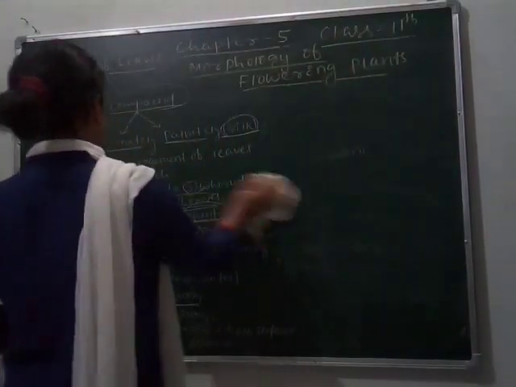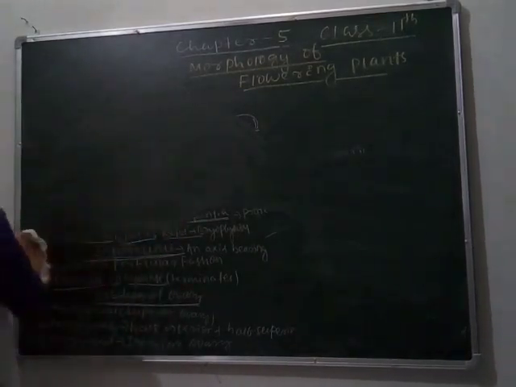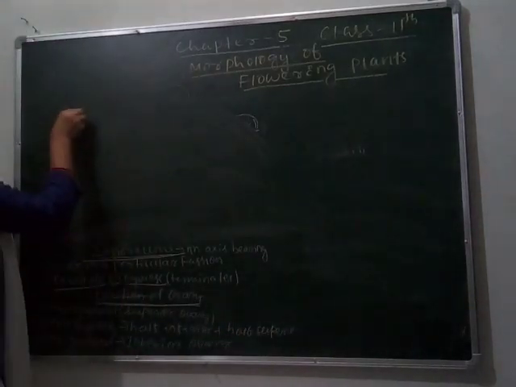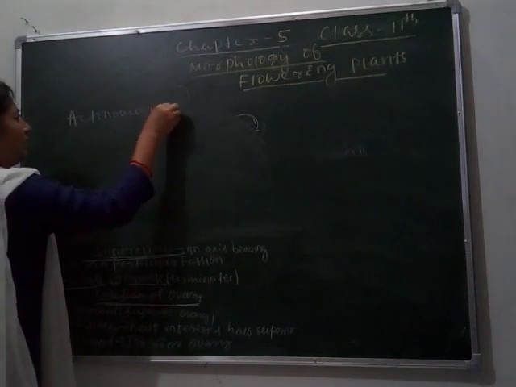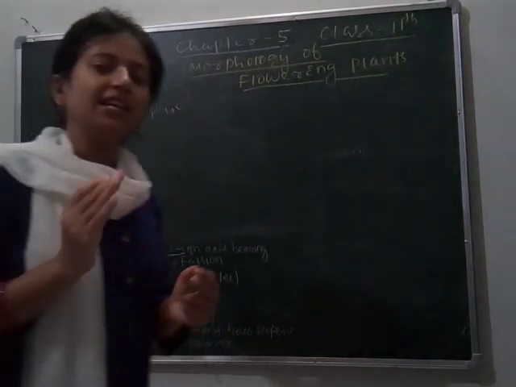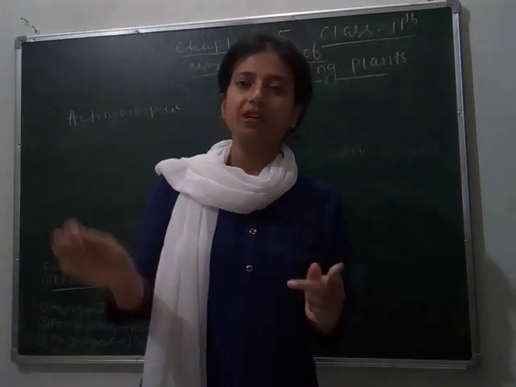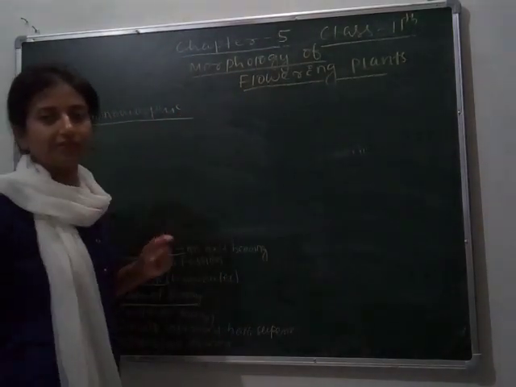Let's see. Actinomorphic means that when we cut the flower, it has two equal halves, not as left and right, but two equal halves. This is like radial symmetry.